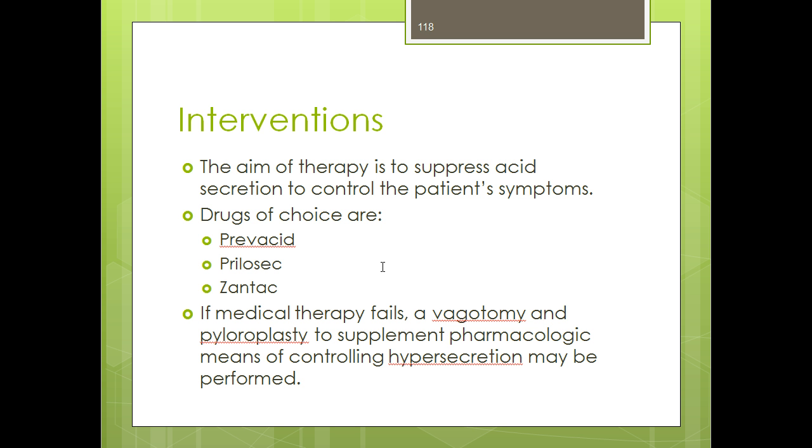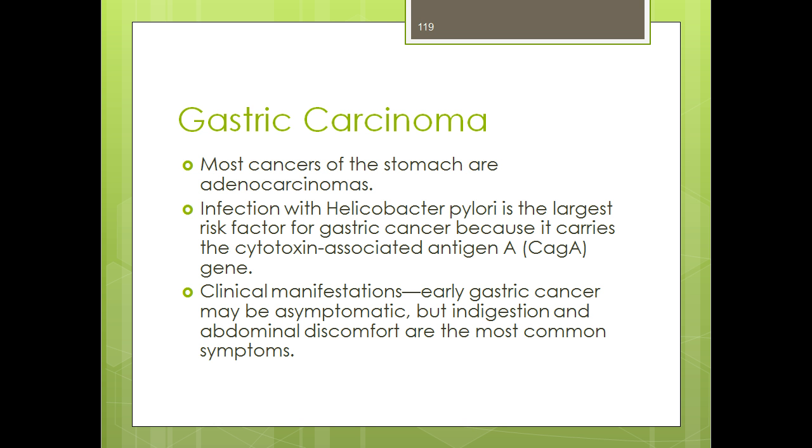So you're going to use your choice drugs like Prevacid, Prilosec, Zantac. Everybody always wants to go non-invasive first, and if all of that fails, then you're going to do the vagotomy or the pyloroplasty, or something like that. That's always the last choice.